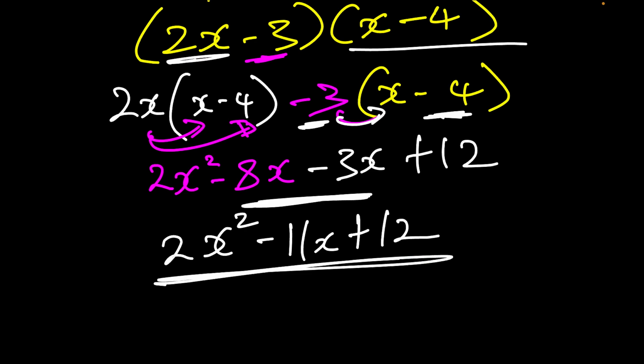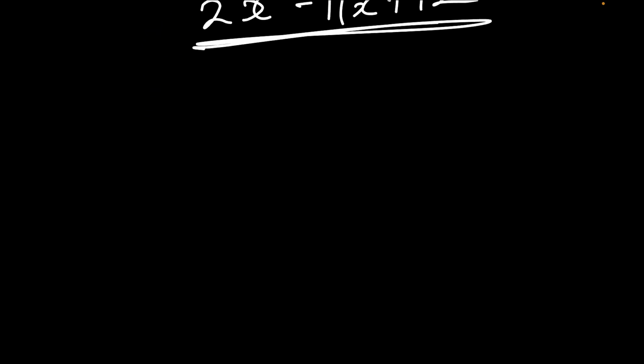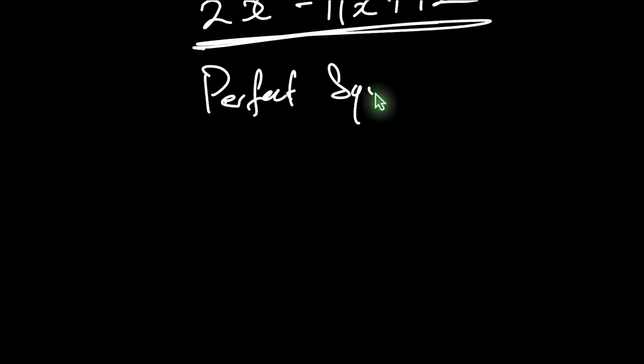Now I'm going to give you some almost like cheat sheets here to basically expand these brackets. There are some special cases that you can just go to the answer right away. One of those special cases is when we have something called a perfect square binomial.